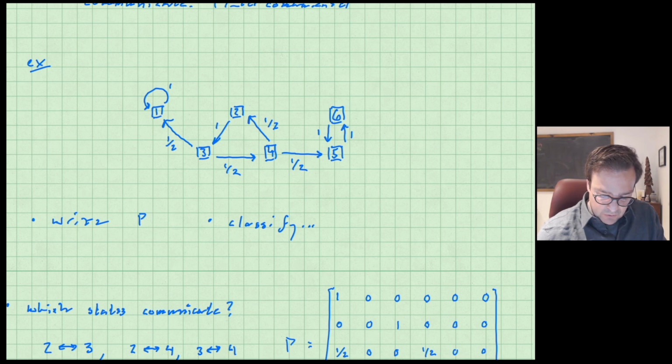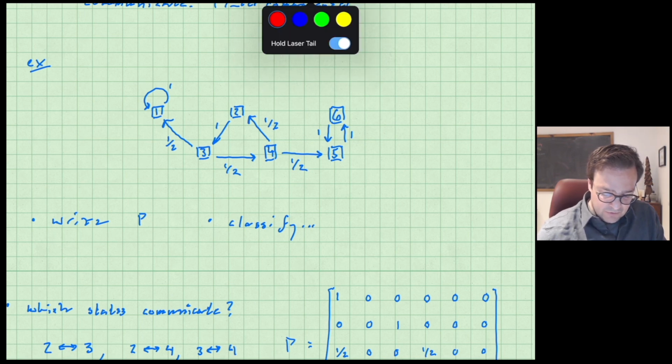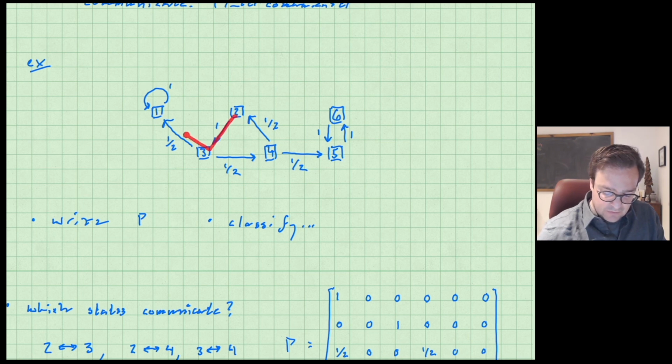2, 3, and 4. So let's think of the number of steps it's possible to return by. So if we start from 2, this route doesn't get you back to 2. The only way to get back is to come around like this. So there's 3, 6, 9, and so on. And the same is true for 3 and 4. So multiples of 3.